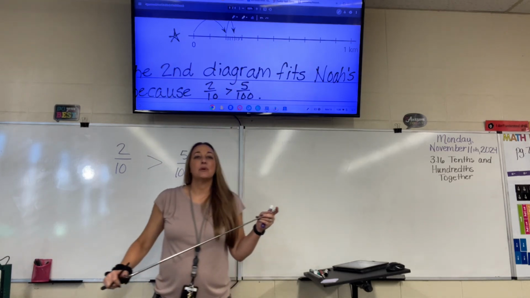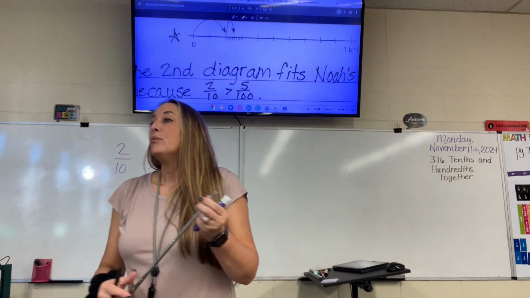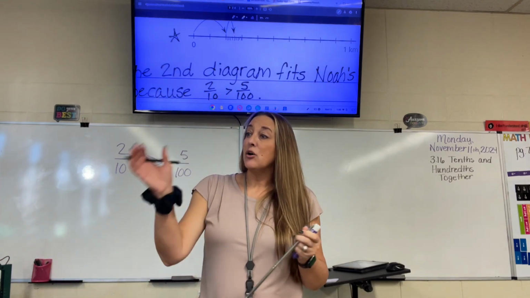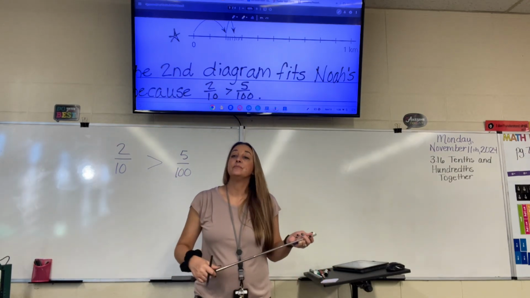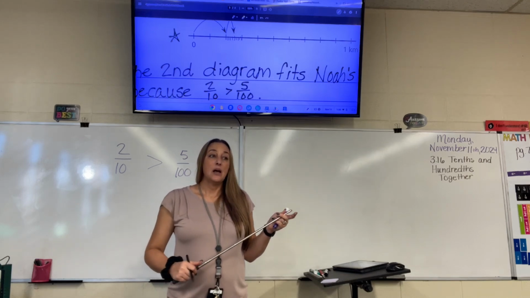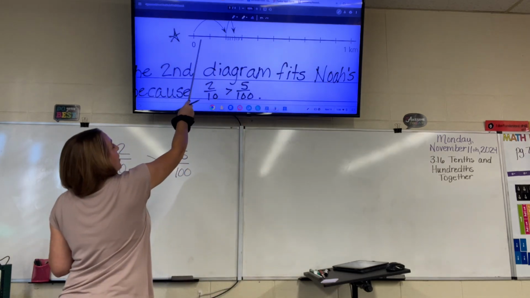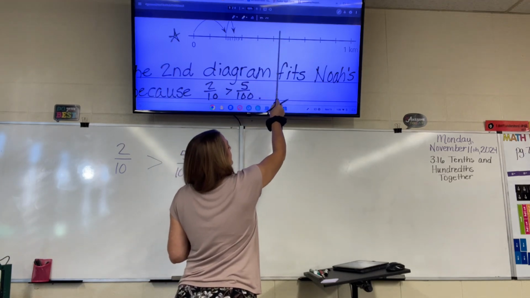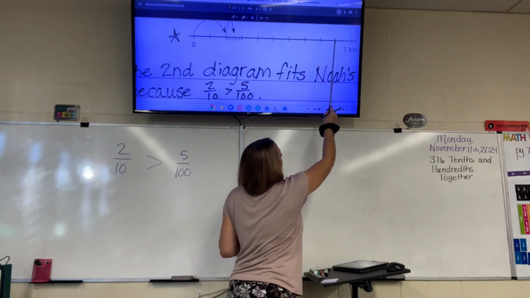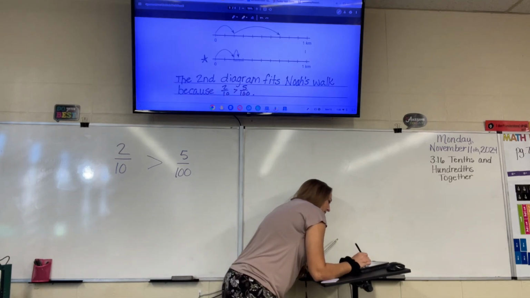Remember how we split a number line? Normally we just split it in half, but that would just make it 20. We can split it into 10 sections, all 10 sections into 10, and that makes 100. Okay, because what's 10 times 10? 100. So if we've got 10 parts on our number line and we split them all into 10, that would be 10, 20, 30, 40, 50, 60, 70, 80, 90, 100. Okay? So we went from 10/10 to 100 hundredths.